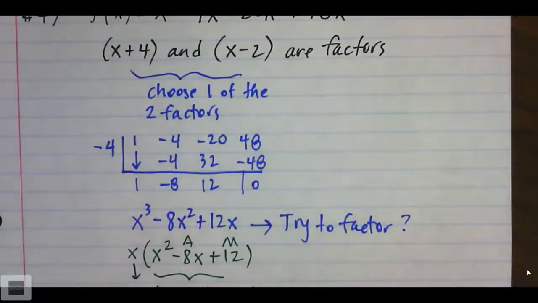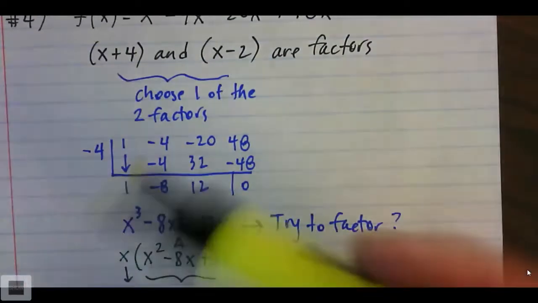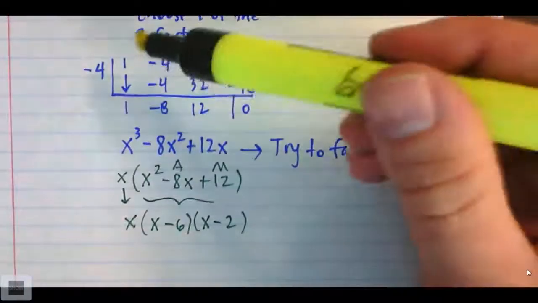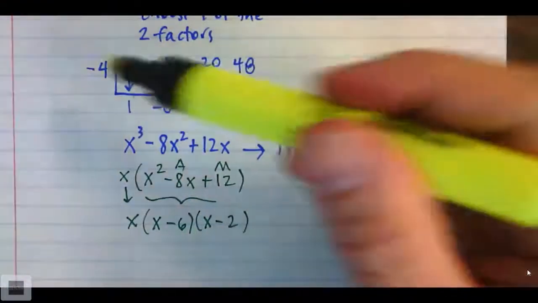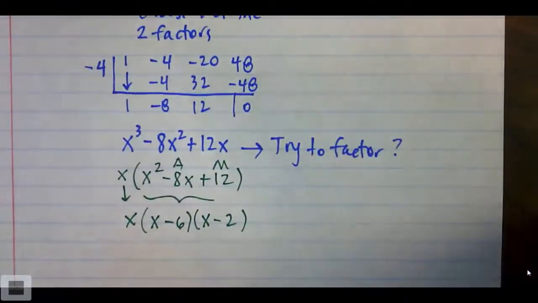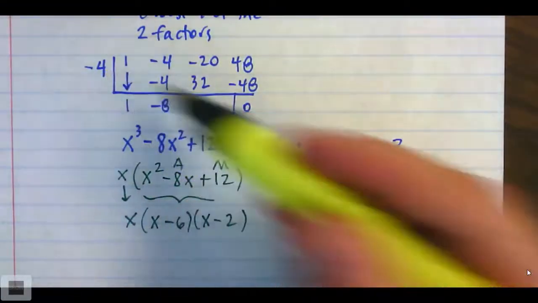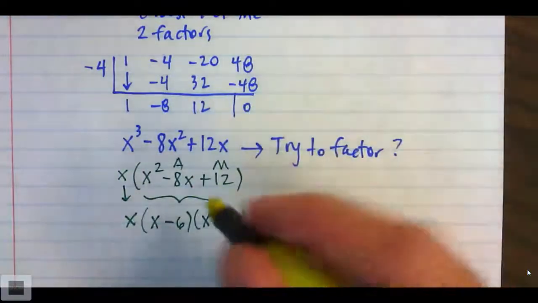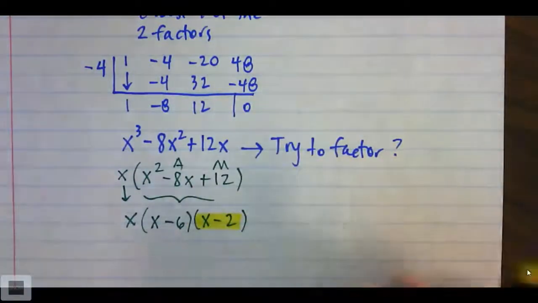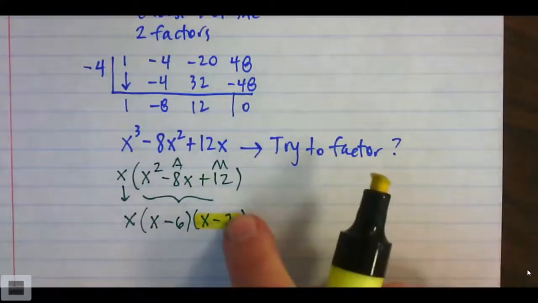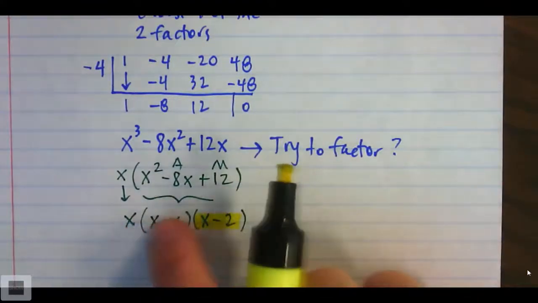But wait a minute. This is a little bit different than what we did in class. See, I only did synthetic division one time right here. And since I factored this problem, notice that I got x minus 2. Well, I've already got 3 factors right here.